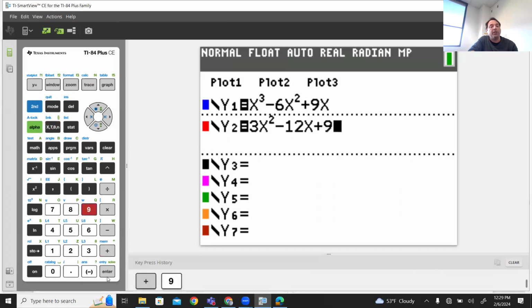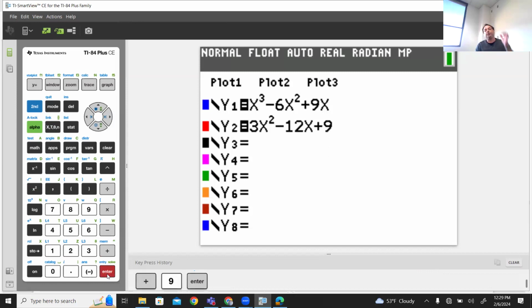Okay, so leave y1 alone, leave the original alone. And in y2, we put the derivative. So when I go to the table, y1 is going to tell me how many feet away that object is. And then we'll figure out what y2 tells me. So I go to the table feature.